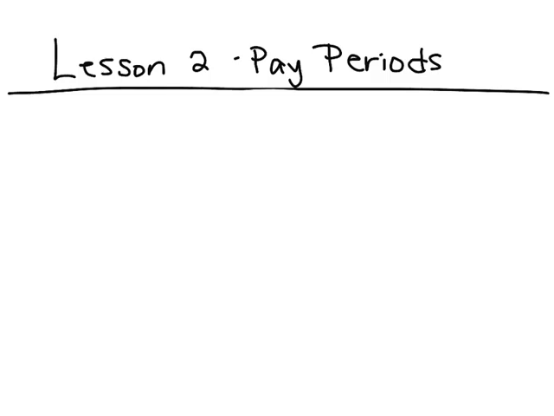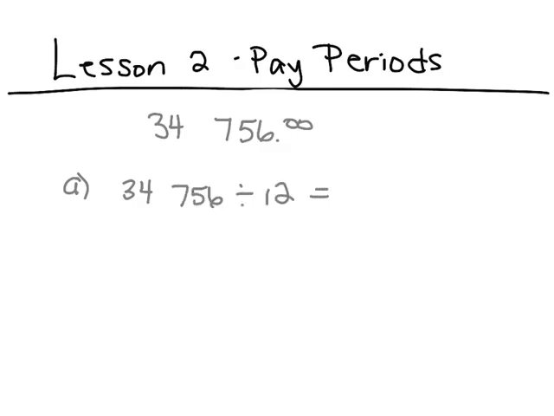And the last question, you're hired as an office clerk at an insurance company. The annual salary is $34,756. We want to find the monthly income. So we take $34,756 and divide it by 12. We want to find the weekly income.